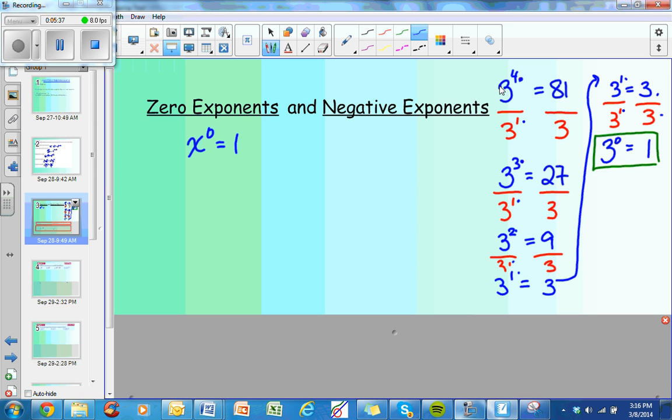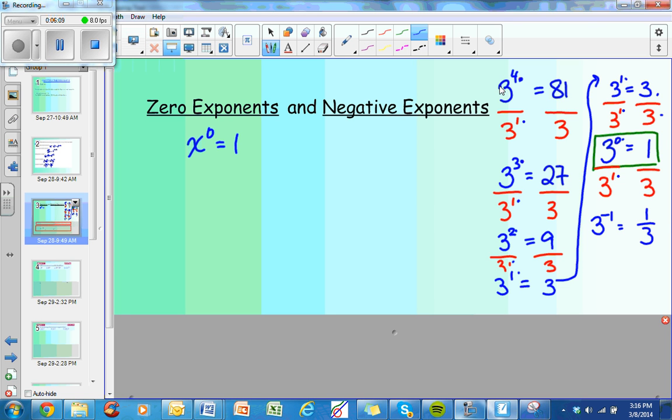And then 1 minus 1 gave us 3 to the 0. So if I continue that pattern, and I divide by 3 to the first here, and by 3 to the first here, I'm going to get 3 to the negative 1, that's 0 minus 1, equals 1/3. And look, suddenly we are dividing.